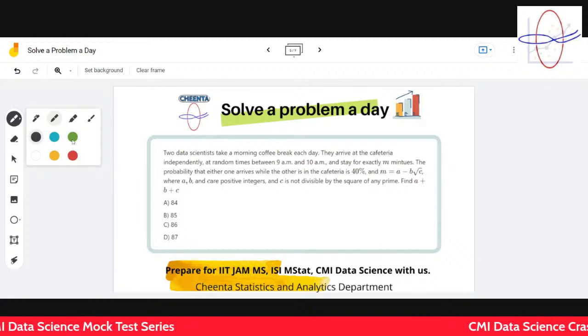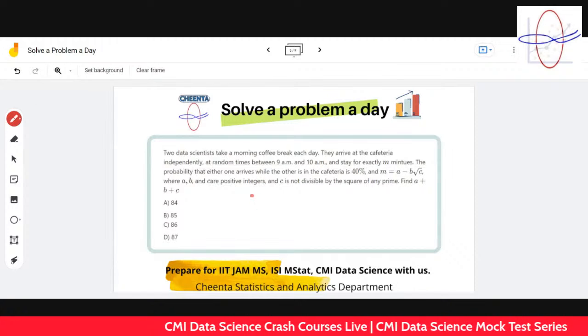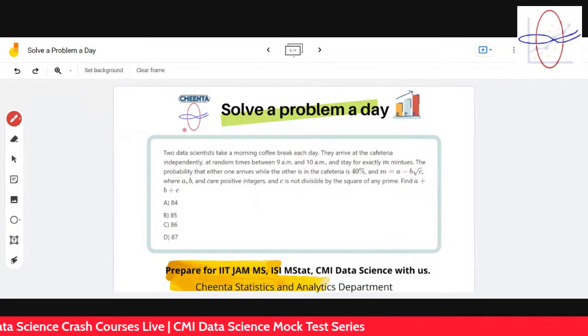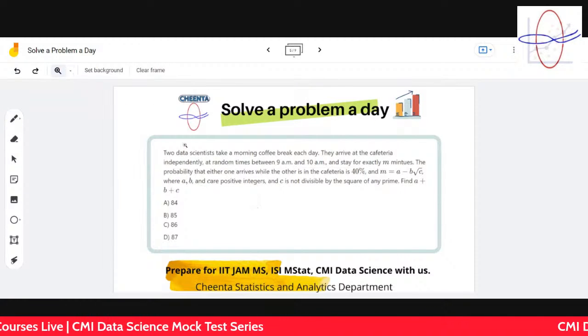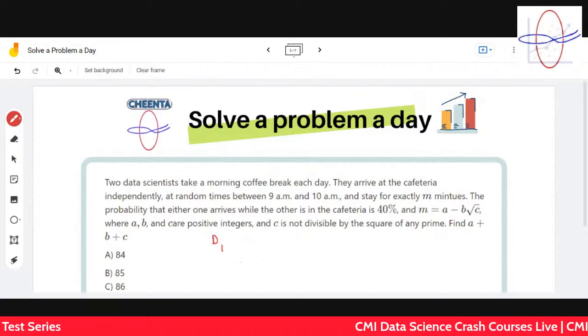Let's say the first data scientist is D1.